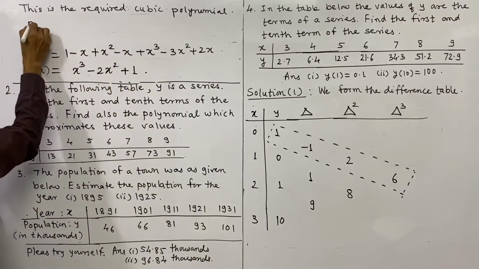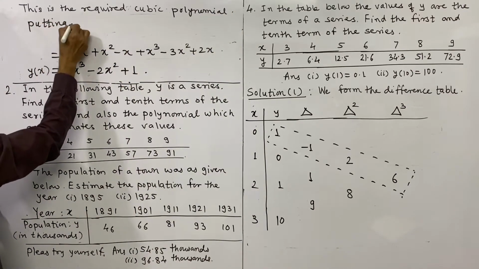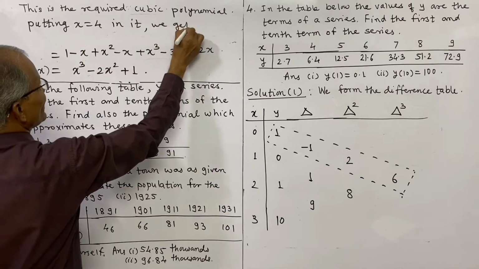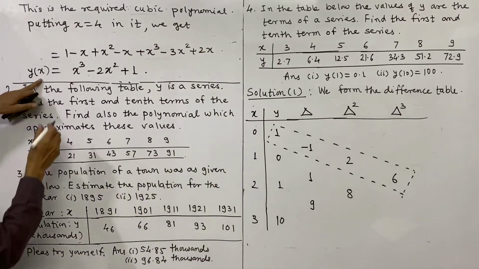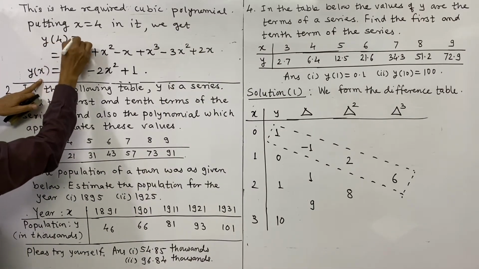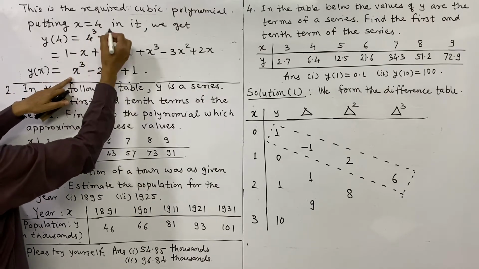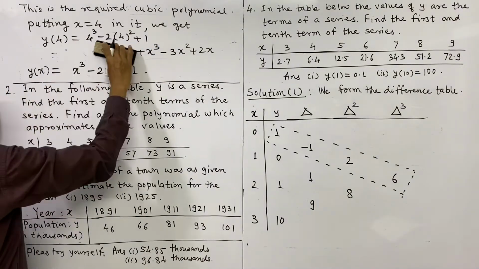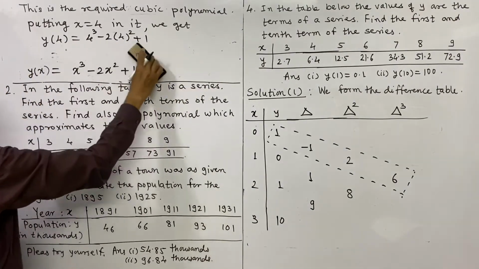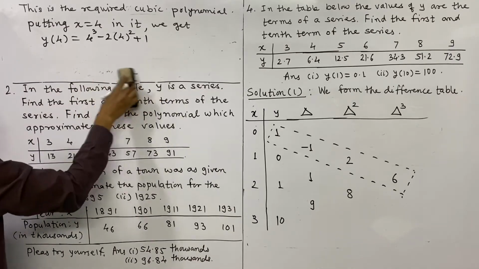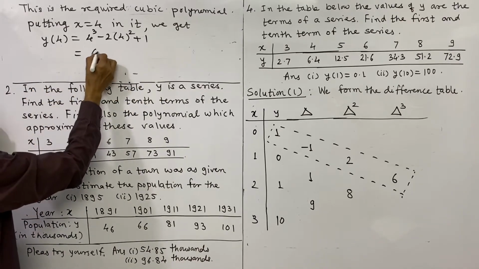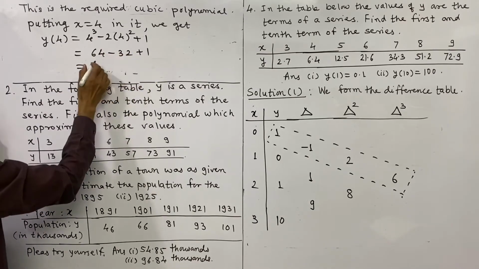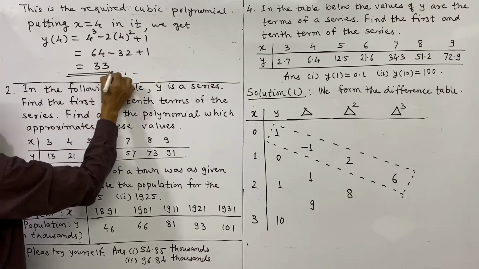If you put x equal to 4, what we shall get is y of 4 equal to 4 cube minus 2 into 4 square plus 1. Now we can calculate this number, and this is 64 minus 32 plus 1, that is 33. So this is the answer, y at 4.